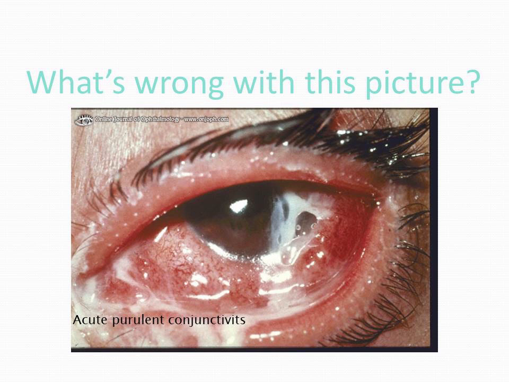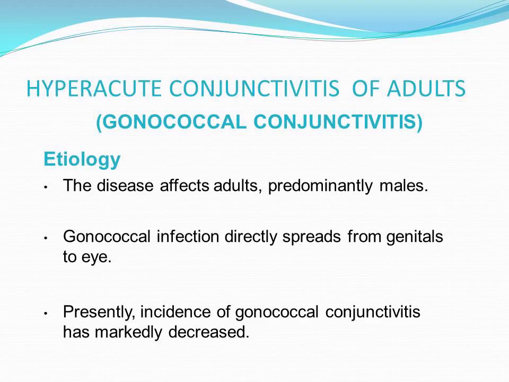There is presence of conjunctival congestion, chemosis, and matting of the eyelashes. It is also called hyperacute conjunctivitis or acute blennorrhea. It is caused by Neisseria gonorrhoeae. Gonococcal infection directly spreads from the genital to the eye.